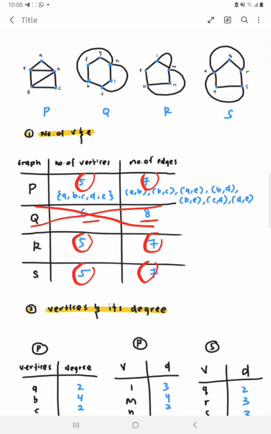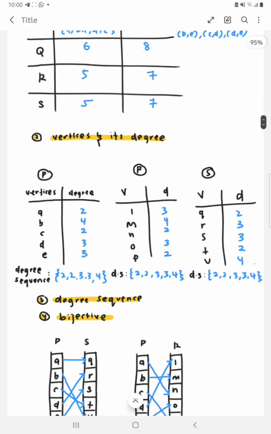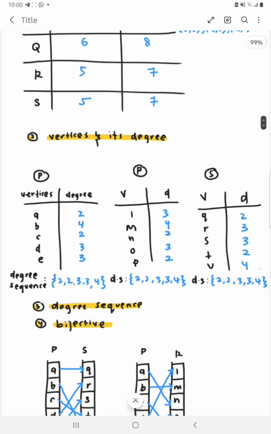So you can eliminate this because our objective is to find the identical or similar graph, right? Isomorphic. Okay, so we can eliminate Q. That's why at step 2 we do not have the Q graph.